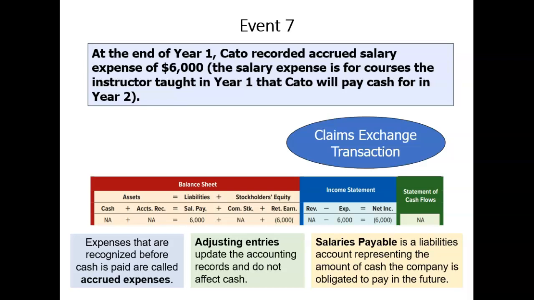Because the expense took place in year one, it has to be recognized on the year one financial statements. Salaries payable is a liability representing the amount owed to our instructors because it represents a future cash obligation. It is shown as a liability.